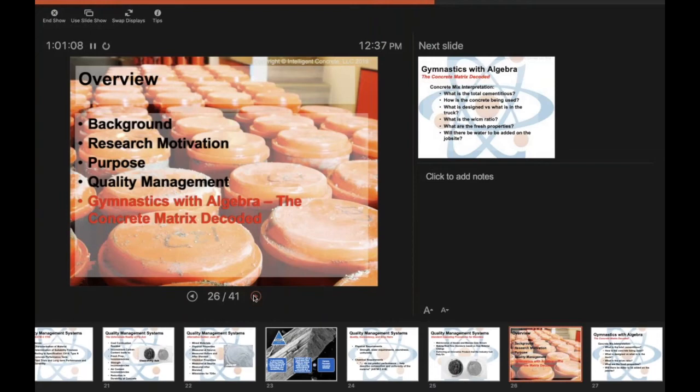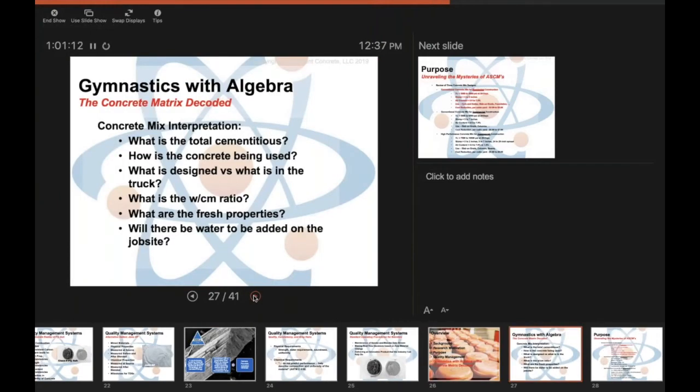Next slide, please. So when you're looking at ASCMs, there's some things that we want to focus on. First of all, it's what is our total cementitious? You know, we want to know how much we're starting with. Is this a self-consolidating concrete? Is it made with a lot of cement, or has it already been optimized?